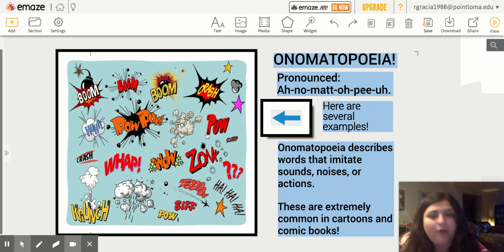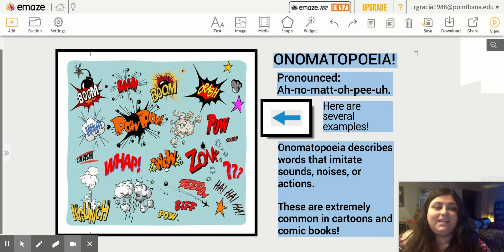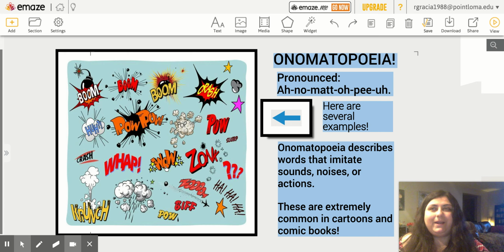Boom, pow, crash. All of these are different examples of onomatopoeia. Now, these are extremely common in cartoons and comic books. And like the example here, it's very cartoonish because you do see onomatopoeia primarily in instances of cartoons, television, and comics. But you also hear about it a lot in movies.